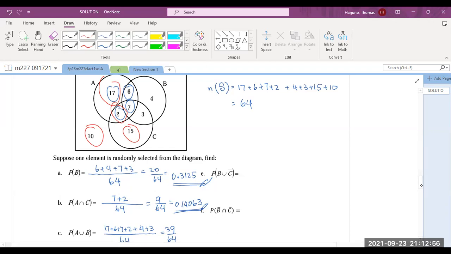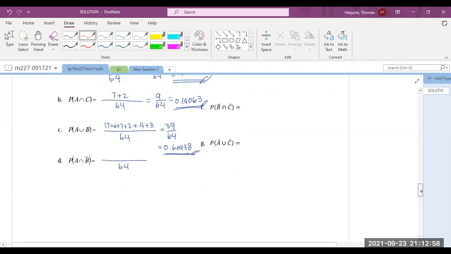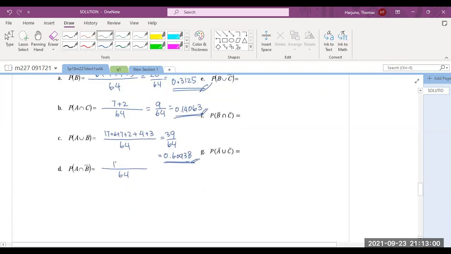Right? Yeah, the double circle. So it will be 17 plus 2. That's 19 over 64, which is 0.29688. Supposed to be 75, but by rounding to 5 decimal places, that's what happened.